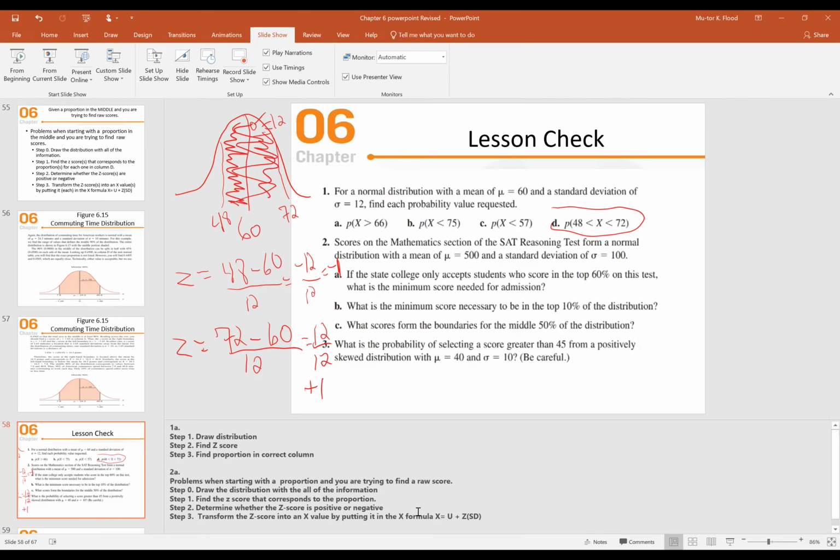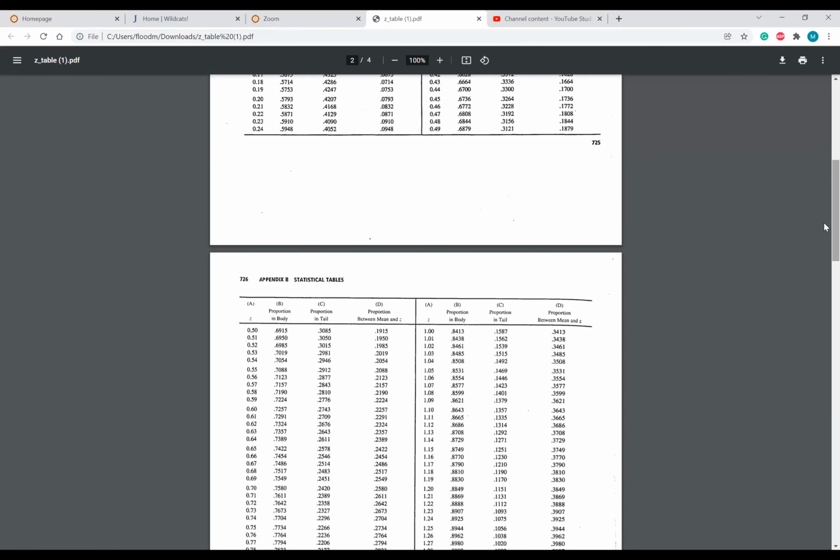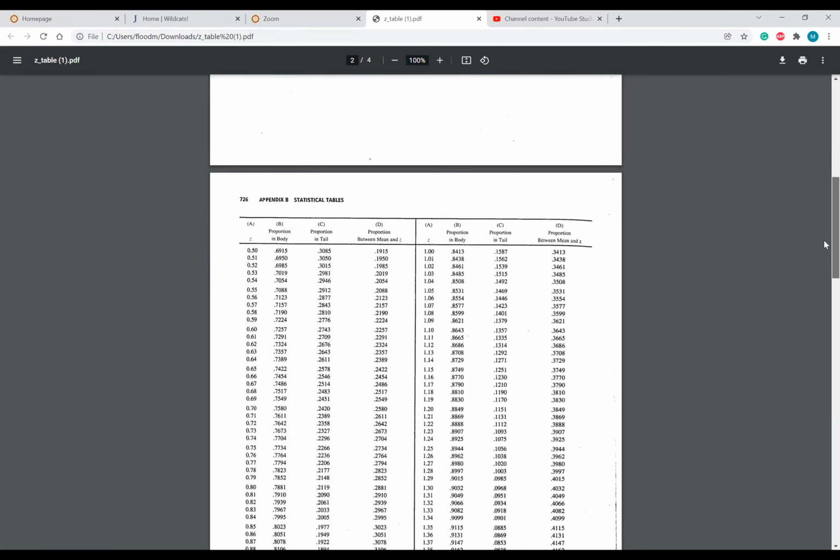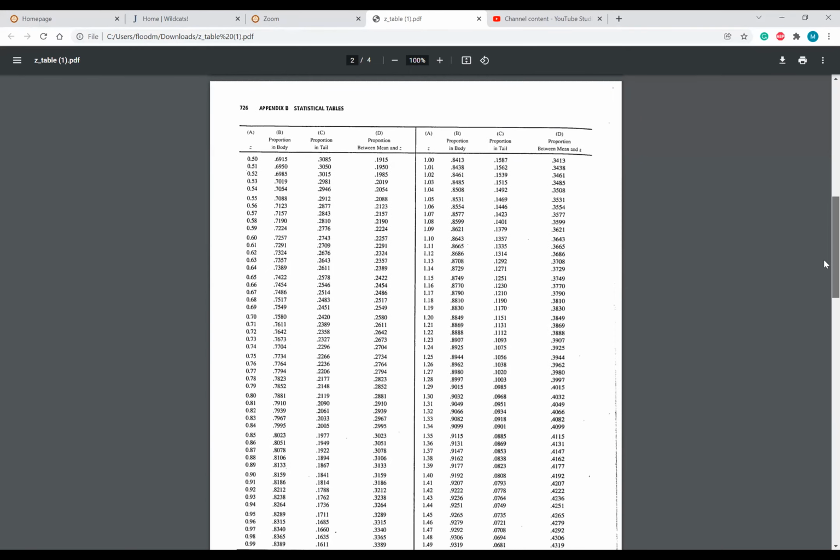So we're going to look up our z-score of 1 and then go to column D and find the proportion. Here is our z-score of 1. We go to column D, and the proportion between the mean and the z-score of 1 is 0.3413.